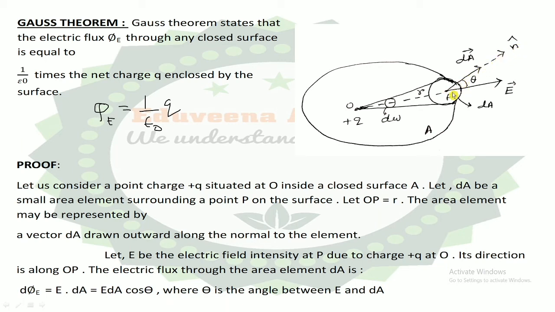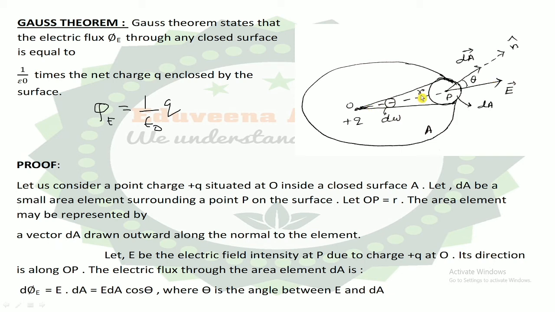As we know, the area vector points along the normal to the surface, outwards. So the direction of dA is basically the direction of n cap, that is the unit normal to this surface dA. Let E be the electric field intensity at P, due to this plus Q charge at O. Its direction is along OP, that is along R cap.